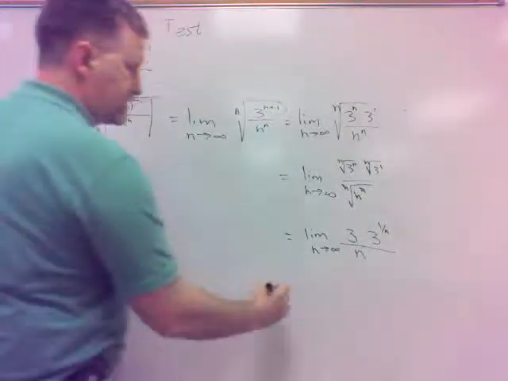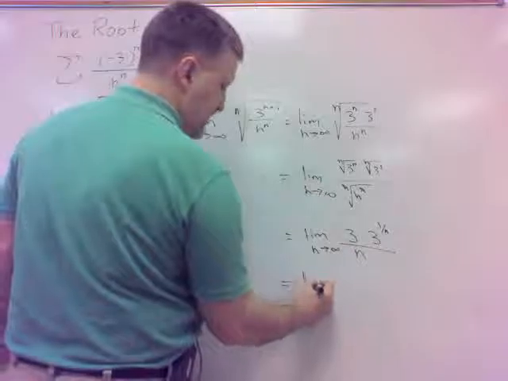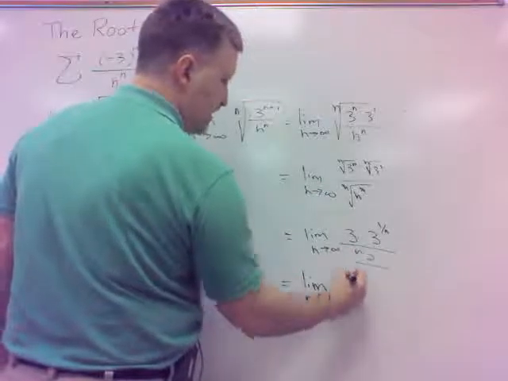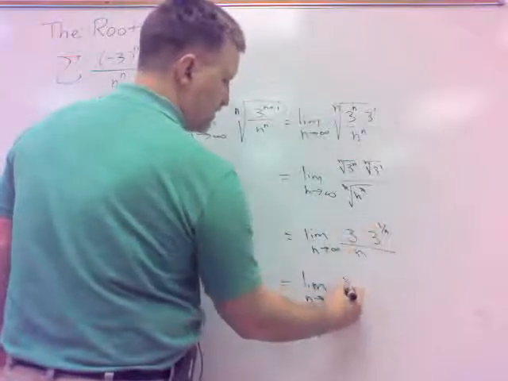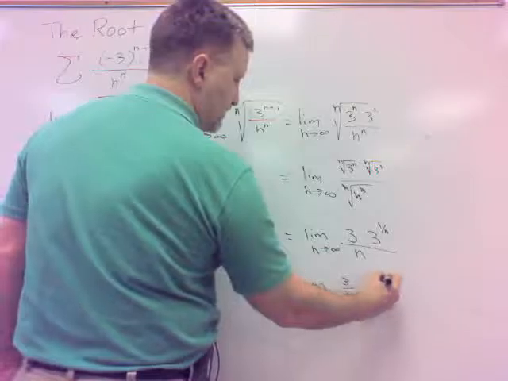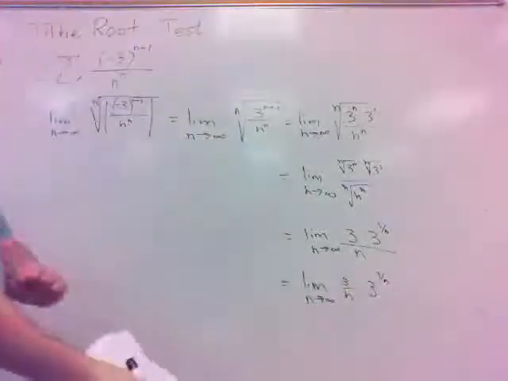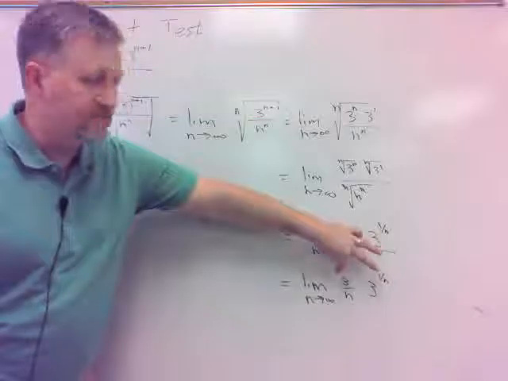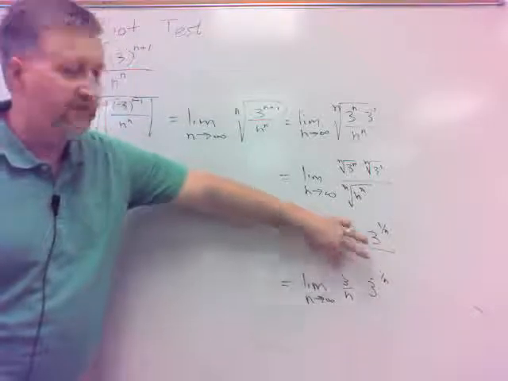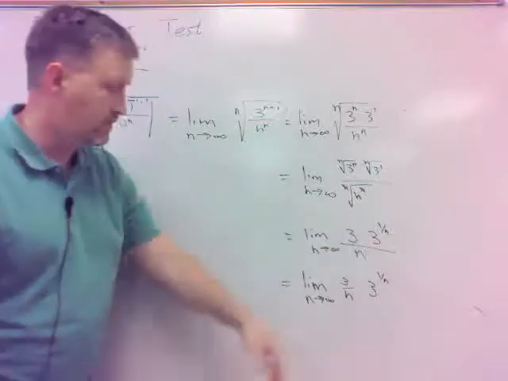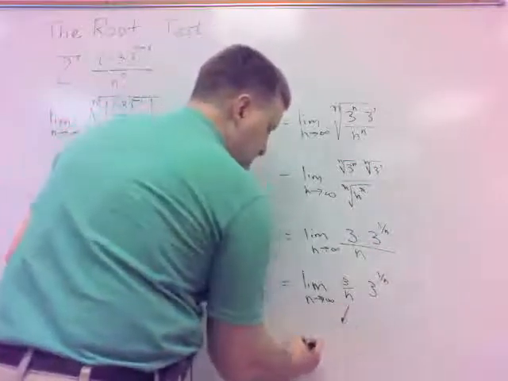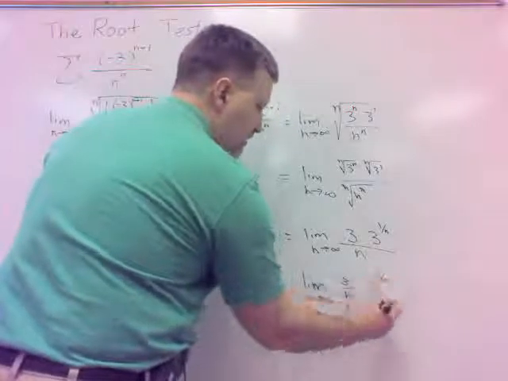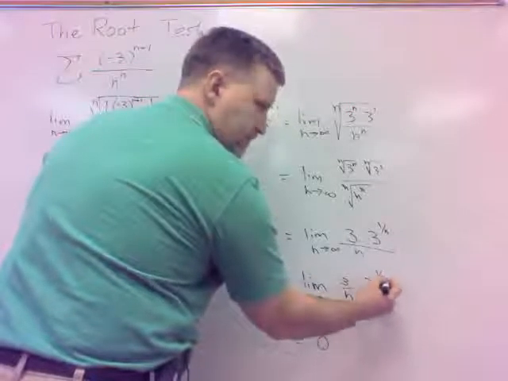All right, let's break that out as 3 over n, times 3 to the 1 over n power, as n goes to infinity. As n goes to infinity, what does 3 over n go to? Doesn't that go to 0? And 3 to the 1 over n, well, that goes to 3 to the 0, which is 1, doesn't it?